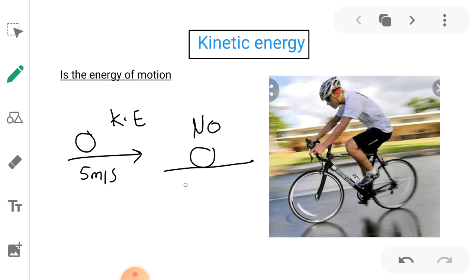Because it is at rest, and rest means no moving, so no moving means no kinetic energy. But if the same ball is going to move, this means it contains kinetic energy. So this is what I mean by kinetic energy, and the abbreviation for kinetic energy is K.E.